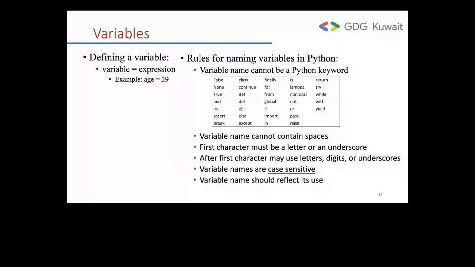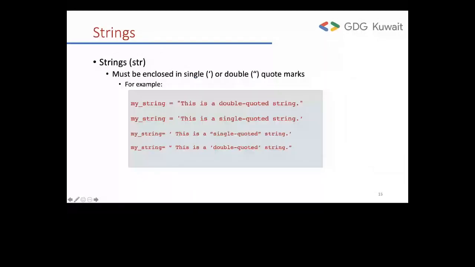So here, as we said before, the variable name can be separated by underscores to have a complex variable name. To define a string in Python, we use single or double quotes.